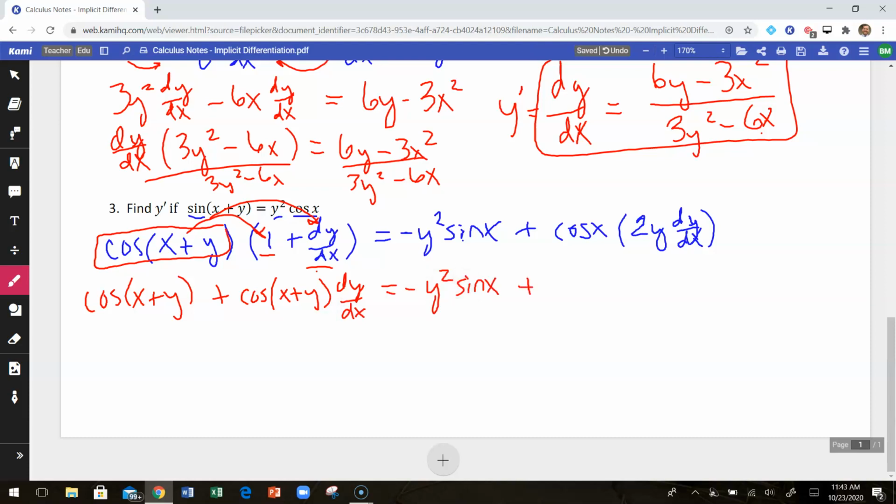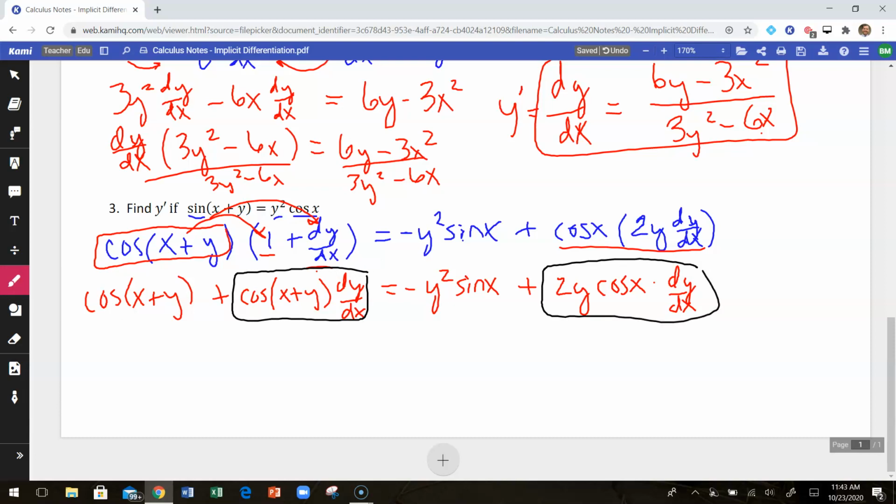And then over here we've got negative y squared sine x. And then I'm just going to rearrange this term a little bit here so it looks a little bit better. I'm going to say 2y cosine x times dy over dx. That's just all multiplied together there. So I just rearranged the terms a little bit. At this point, I'm going to move my dy dx's to the left side of the equation. So this term and this term need to be on the left side. And at the same time, just to save some time here, I'm going to also factor out the dy over dx there.